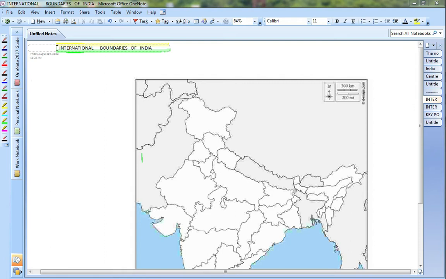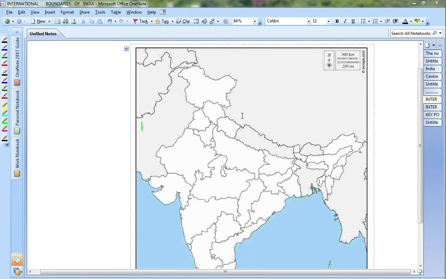Today we are going to discuss the international boundaries of India. India is divided into two parts, right? The northern part of India and the southern part of India.